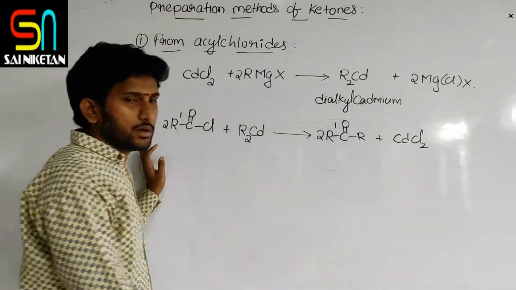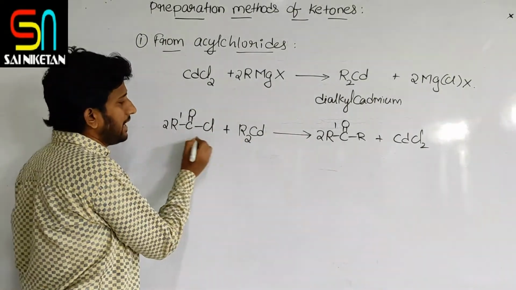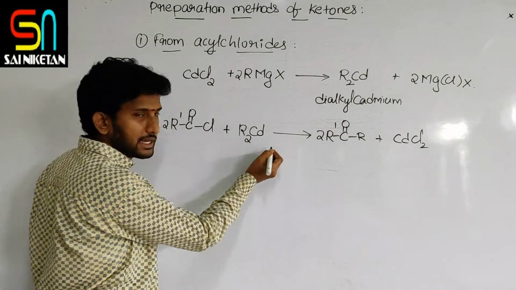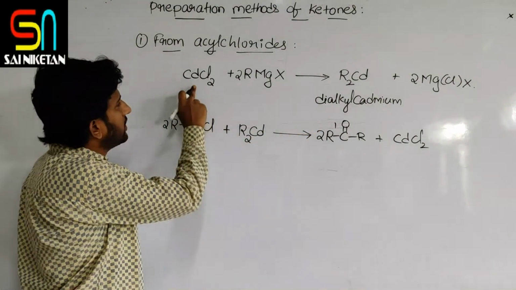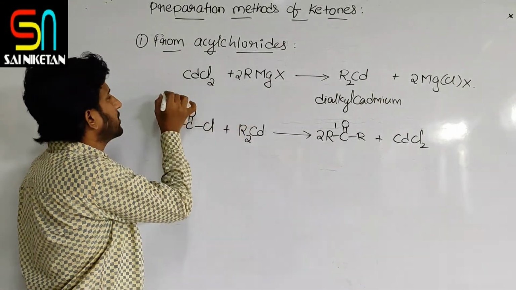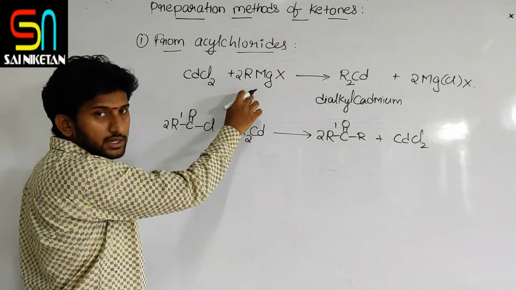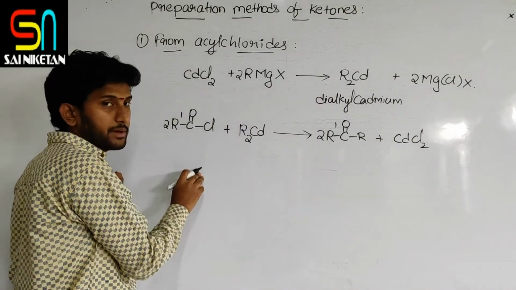So this is how ketones can be synthesized by treating acyl halides with dialkyl cadmium. And how do you get dialkyl cadmium? By reaction of cadmium chloride with Grignard reagent.